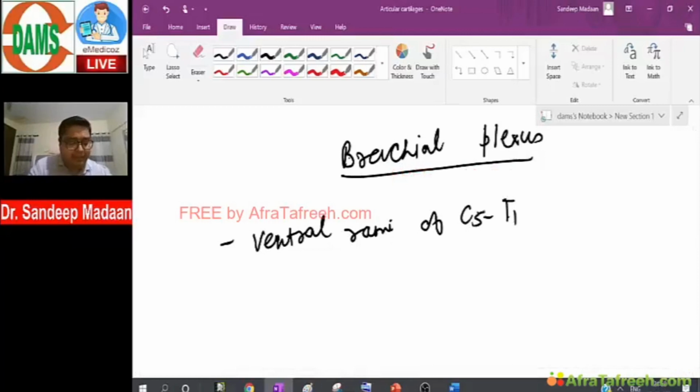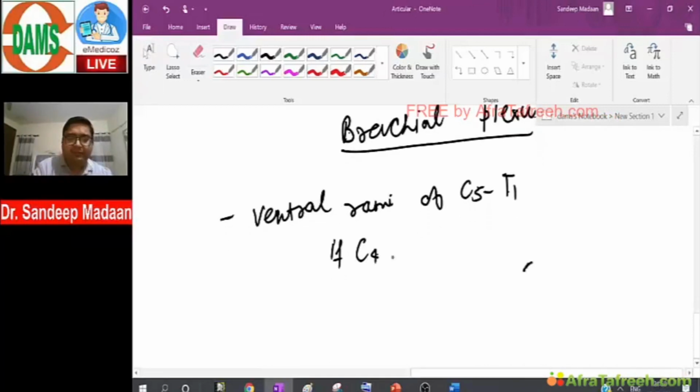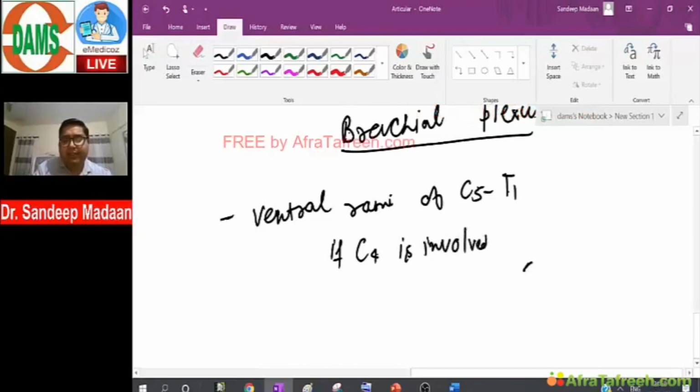What happens as a variation in some individuals, if C4 is involved in the formation? Normally formation is by C5 to T1, but in case C4 is involved, it is called prefixed type.